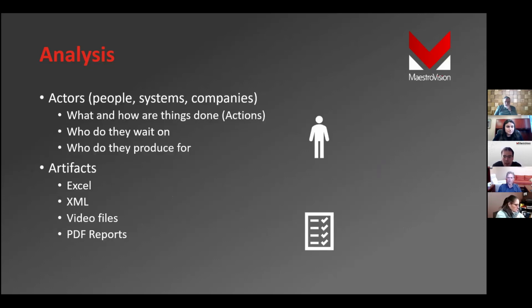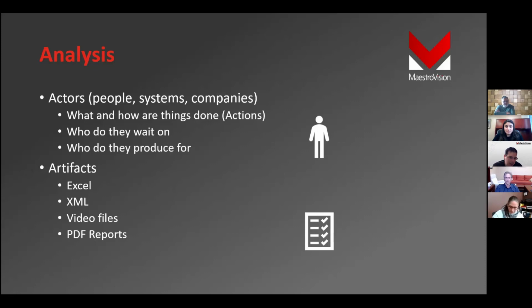Analysis, as I said, is really about information. So when we do an analysis in a workflow, a process flow, and a flow chart, it's all about actors. So people, systems, companies: what and how do they do things? Those are actions. Who do they wait on, and who do they produce information for? And it's also about artifacts.